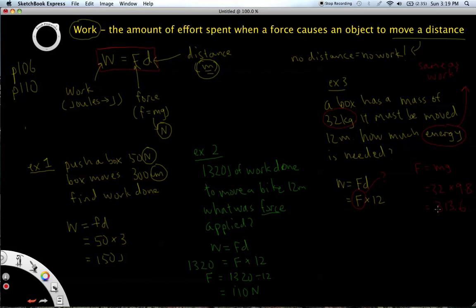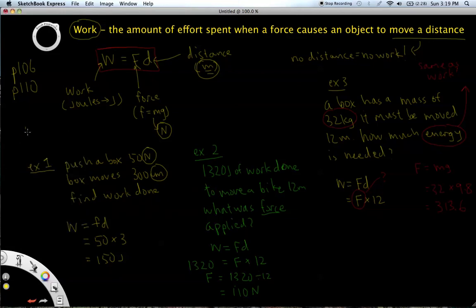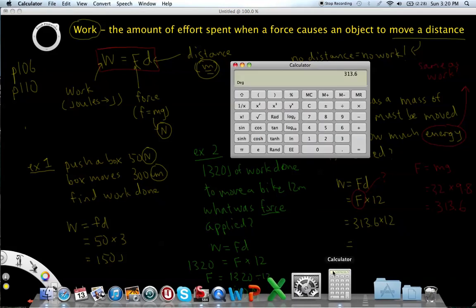Now I can plug this number for force into my formula. Let's go back to my trusty yellow. And what I have is, okay, force is 313.6 times 12. And that will give me how much energy or how much work is needed. So let's do that.